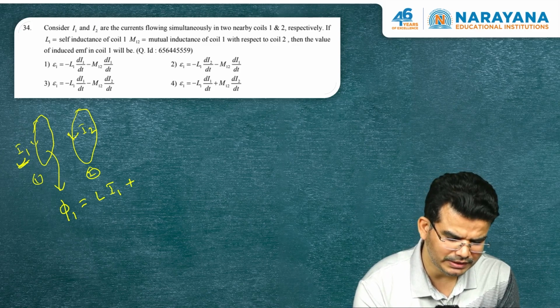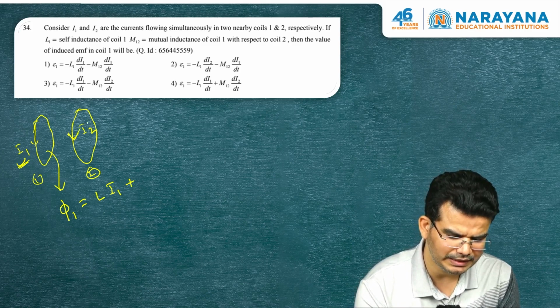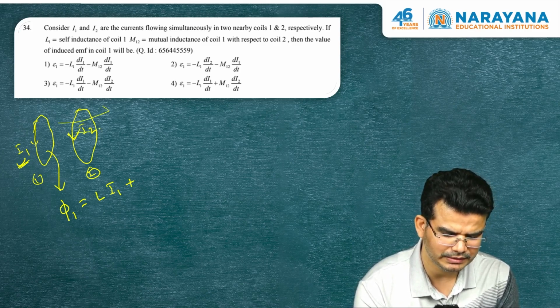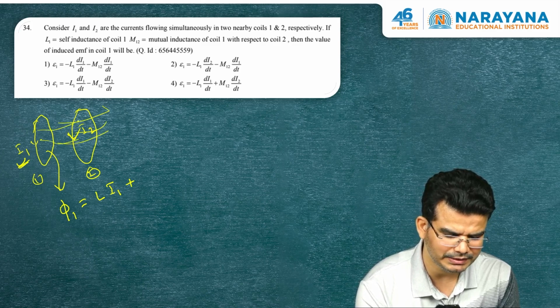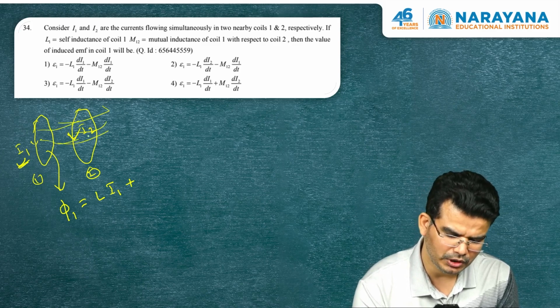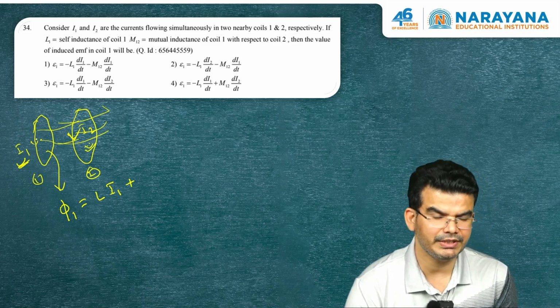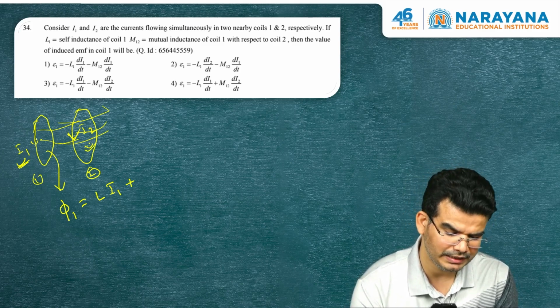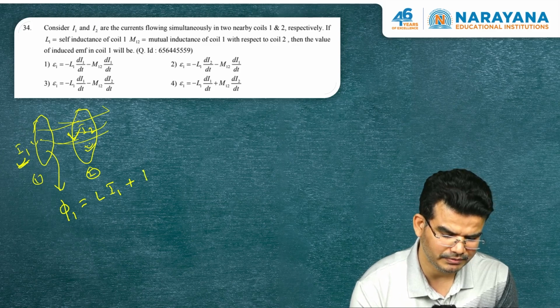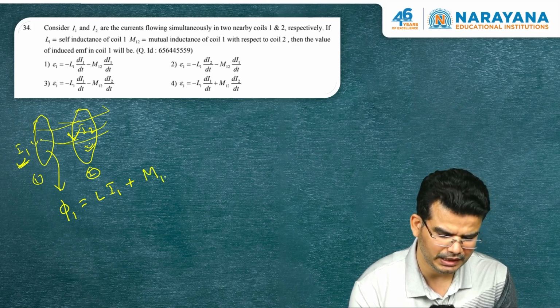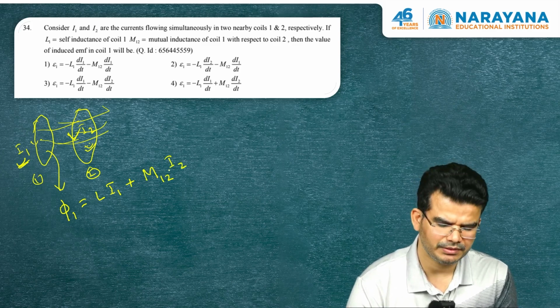But because of the current I2 also there will be field lines, and these field lines are passing through this coil also. So because of the current in the second coil there will be flux linked in the first coil also, and we relate that with mutual inductance. So the total flux will be L I1 plus M12 I2. This is very simple.